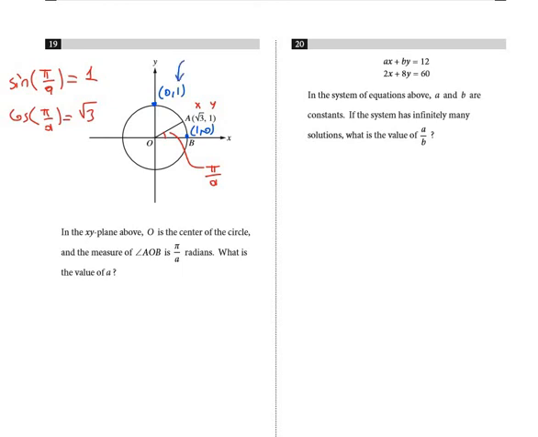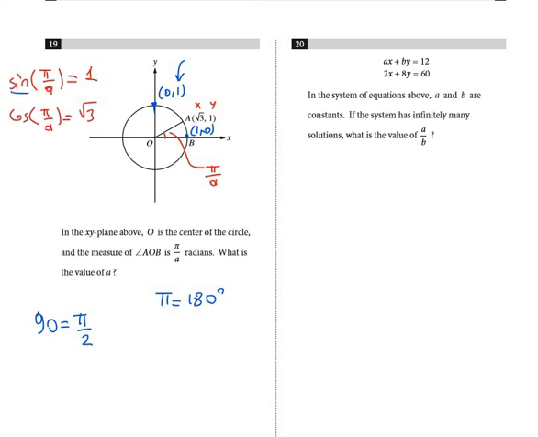So sine of 90 degrees is 1. And 90 degrees in radians is pi over 2, because pi is equal to 180 degrees, and 180 degrees divided by 2 gives us 90.